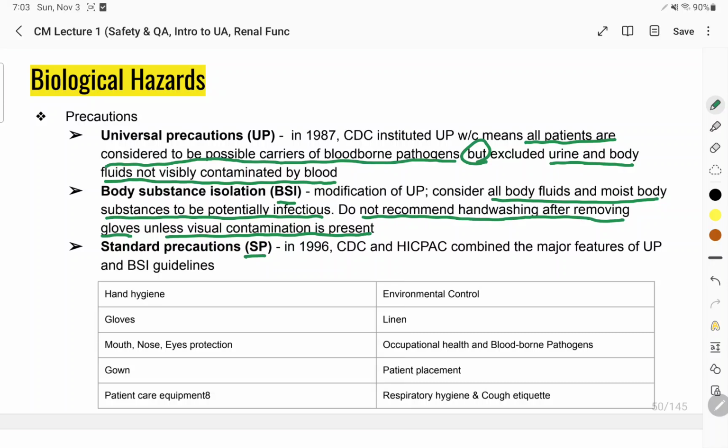Okay? And unsa pa, mouth, nose, eyes protection. So PPEs that could protect our mouth, nose and eyes, para dili mapasa ang disease ato via these routes. Also the use of gowns, atong laboratory gowns, and patient care equipment, environmental control.